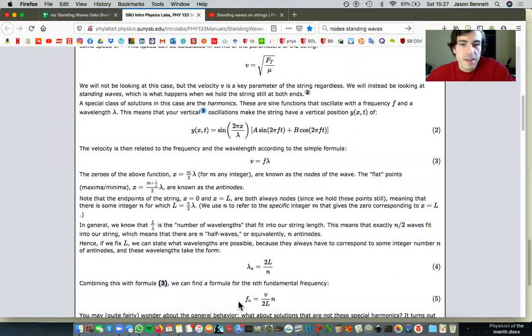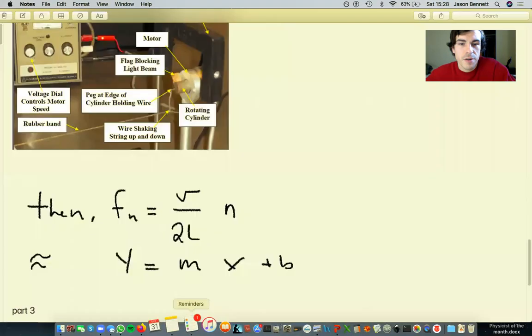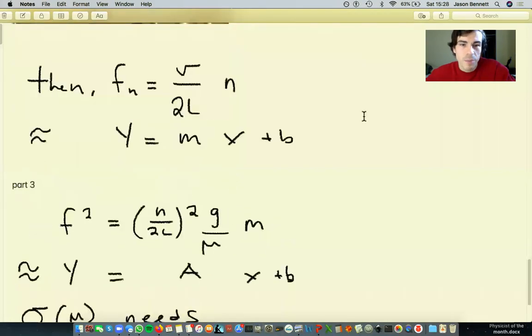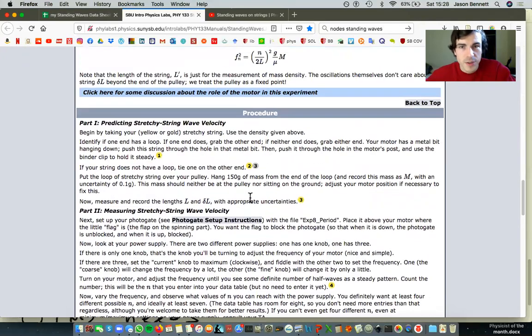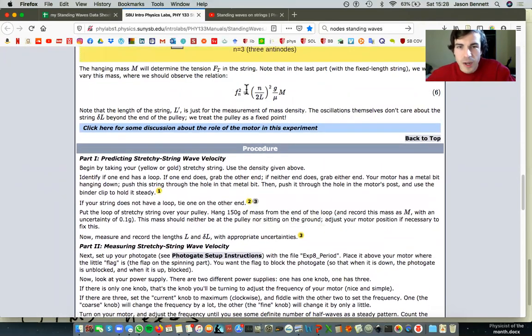And again, doing another of our favorite comparisons to y equals mx plus b, we're going to take this equation. After plugging that v into the frequency equation, we now have something that can be solved for mu, where in this case we're changing the mass, so that is the independent quantity.